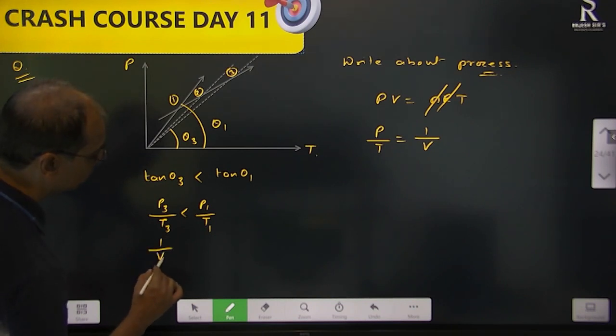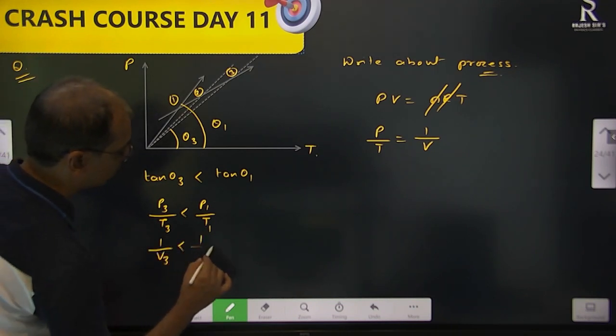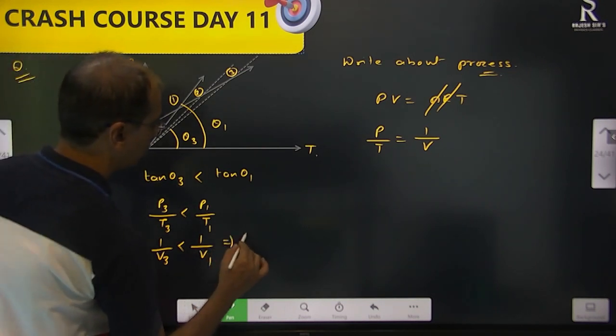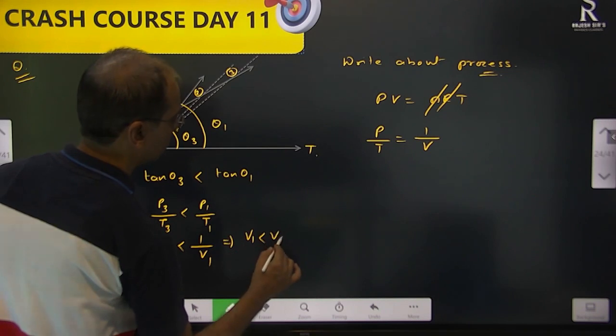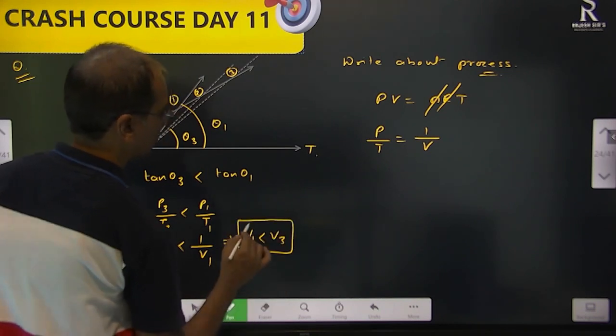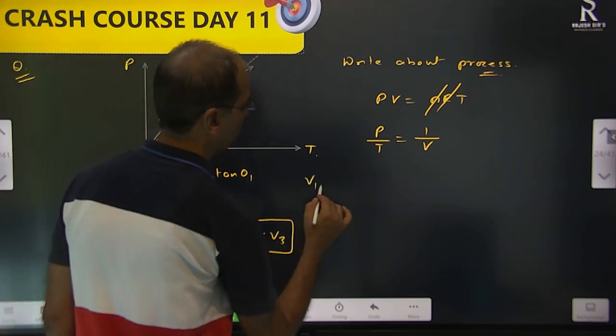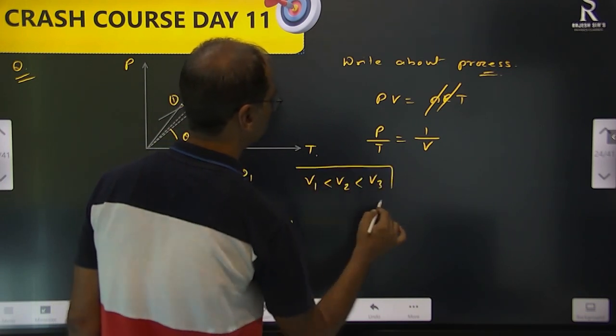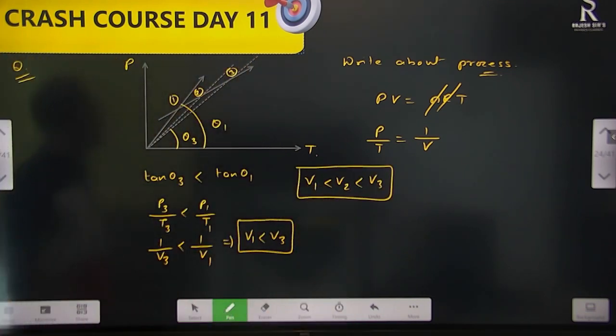So 1 by V3 is less than 1 by V1. What will come then? V1 is less than V3. So we can say V1 is less than V2 is less than V3, or V3 is greater than V2 is greater than V1. Same way like the first question we solved, exactly the same way.